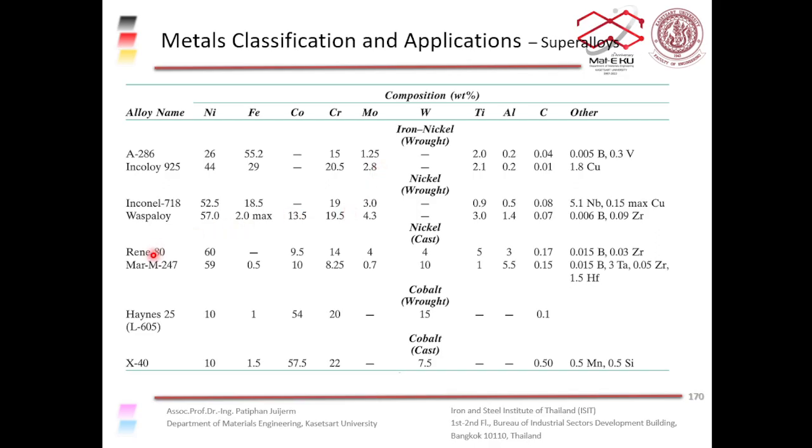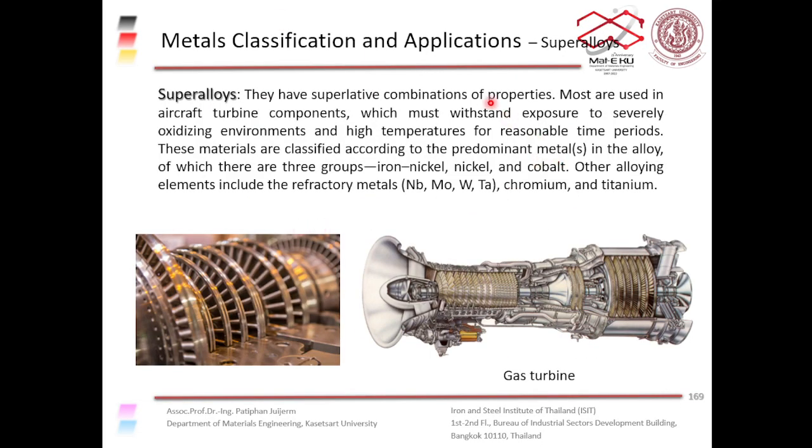For Rene 80, it's nickel based, so you have a lot of nickel. You have cobalt, molybdenum, tungsten. You don't have to remember all this, but you have to know that there are three groups: iron nickel based superalloys, nickel based superalloys, and cobalt based superalloys.